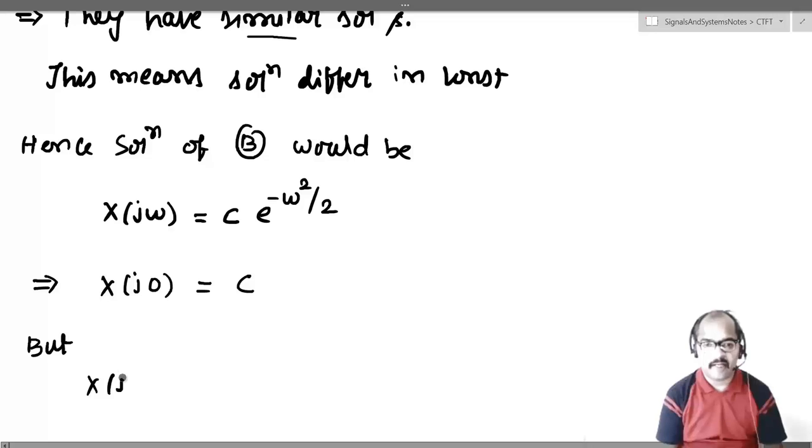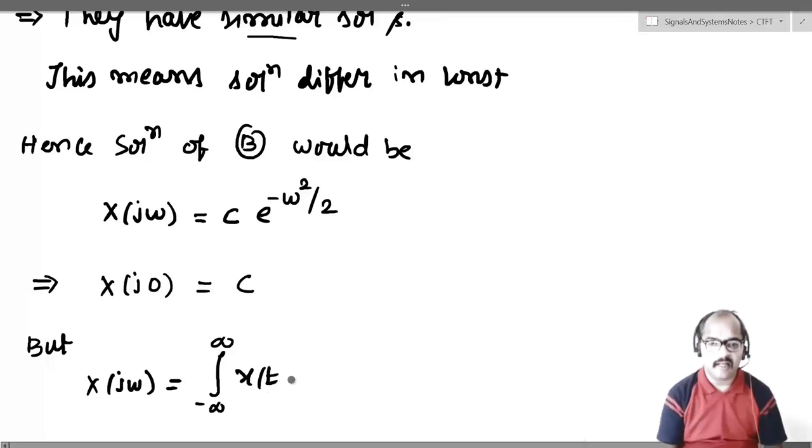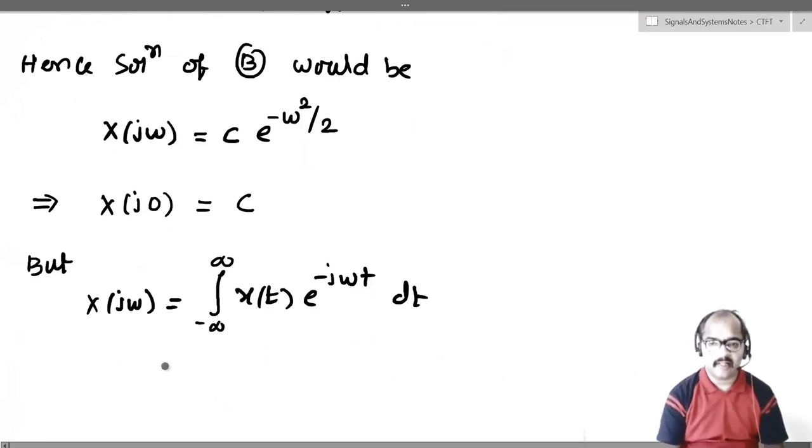But x of j omega is equal to the integral from minus infinity to infinity of x of t e power minus j omega t dt. So this is the generic Fourier transform equation. What will happen if I replace omega with 0 here?